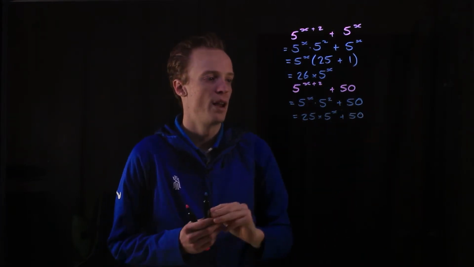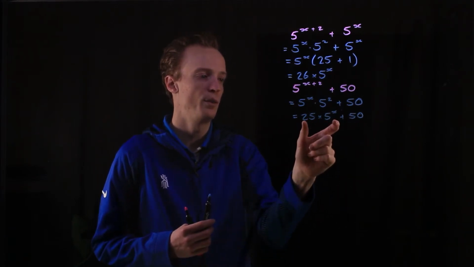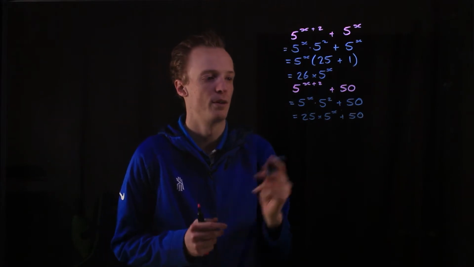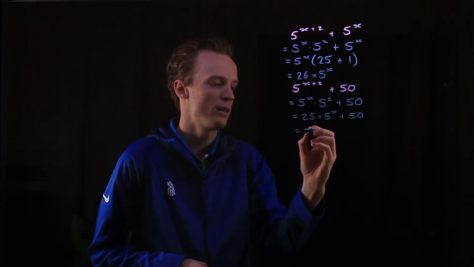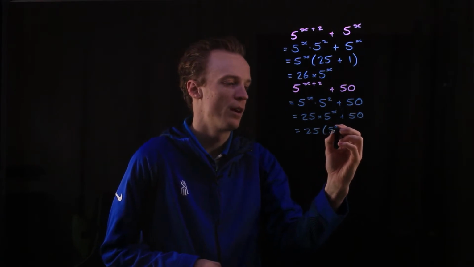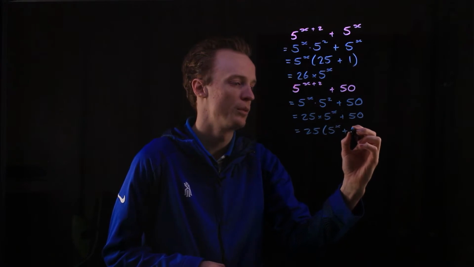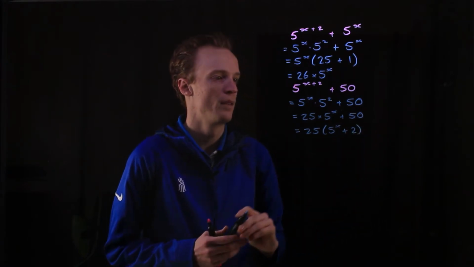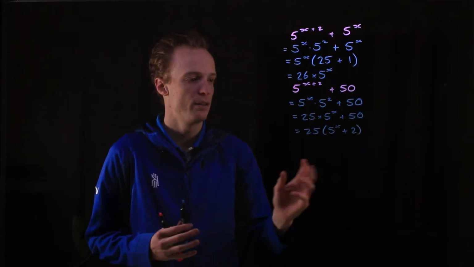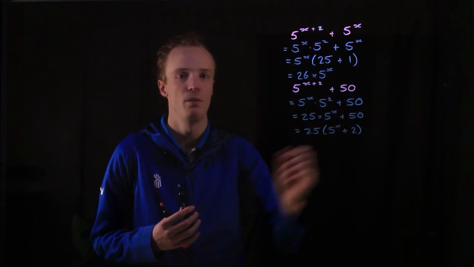And now I want to look at a common factor between here, and the common factor here is 25. 25 divides into both terms. So if I take the common factor of 25 out, it leaves me with 5 to the power of x, and then 50 divided by 25 is 2, so we plus 2 here. And I've now successfully factorised by removing a common factor of 25 out of both terms here.